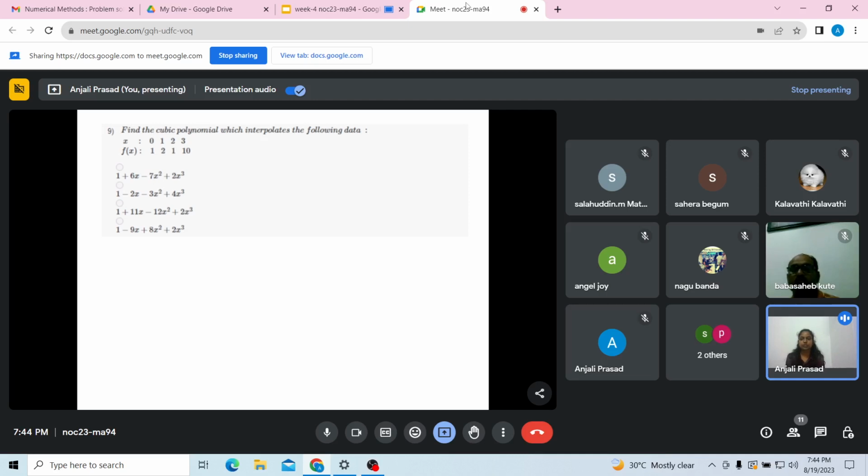Here you don't have the x value, so just keep it as it is while calculating p. And x naught is 0. Your difference between the consecutive terms is 1. Okay, so h is 1.